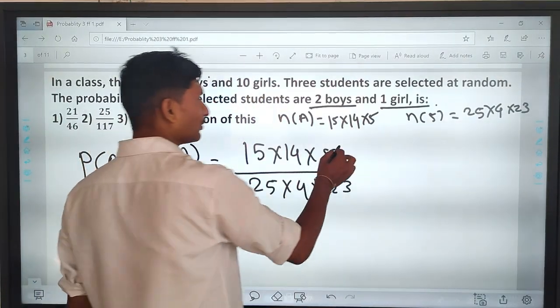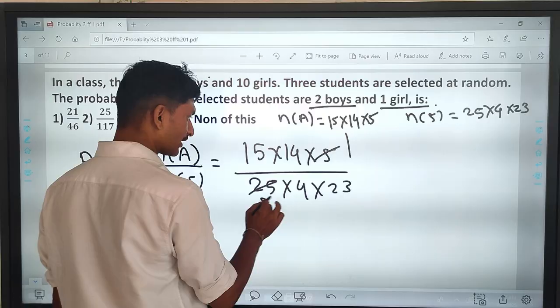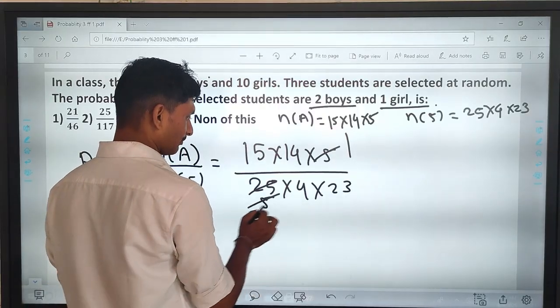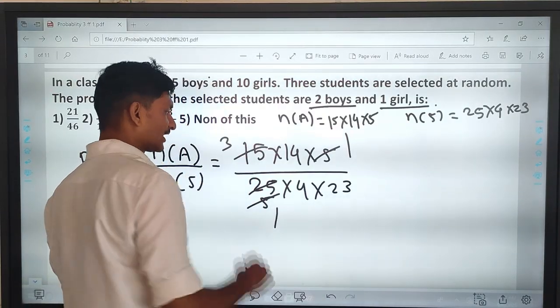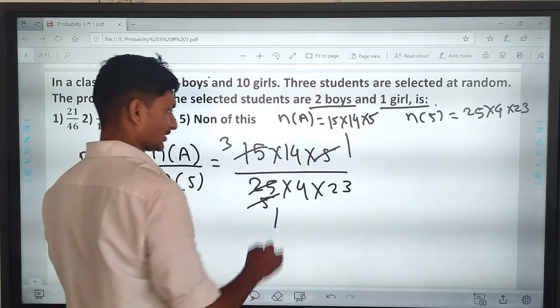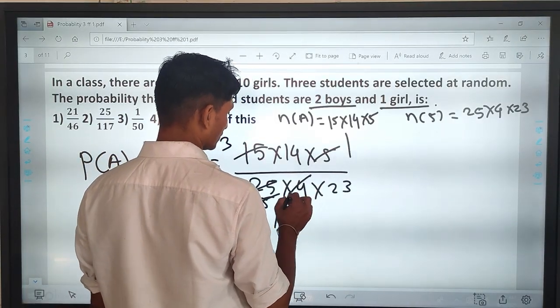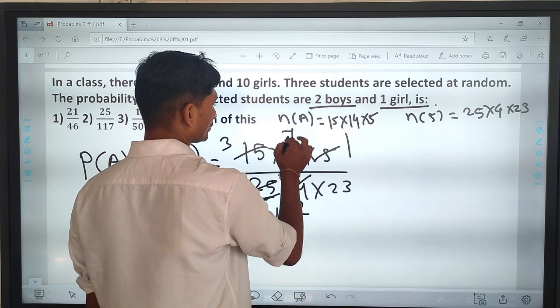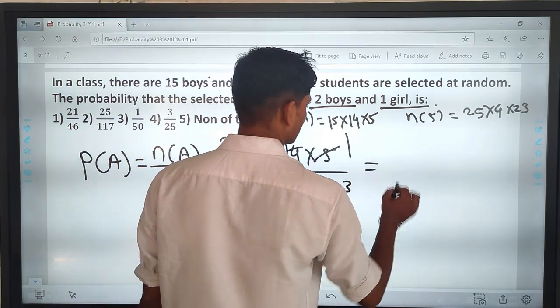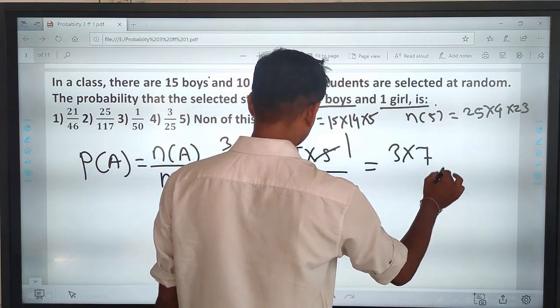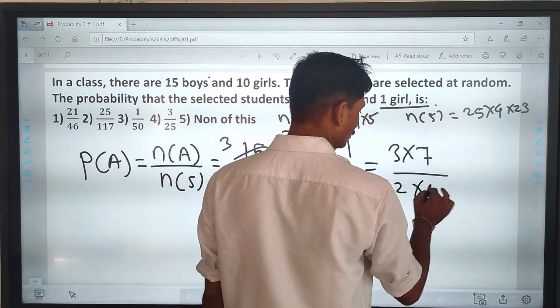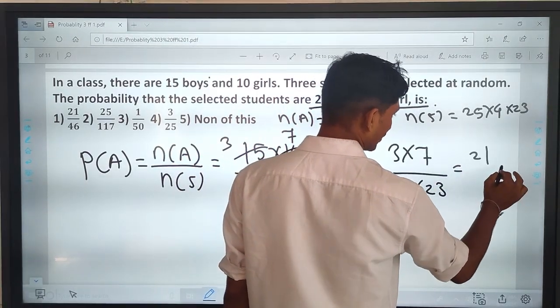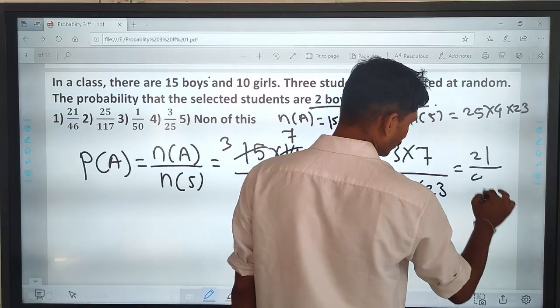Then 5 1s are 5, 5 5s are 25. 5 1s are 5, 5 3s are 15. Then 2 2s are 4, 2 7s are 14. Here the remainder is 7 into 3 divided by 2 into 23. That is 21 divided by 46.